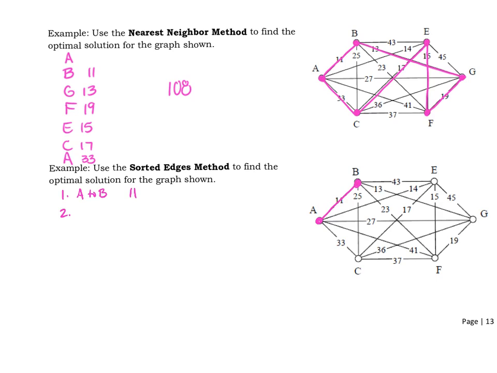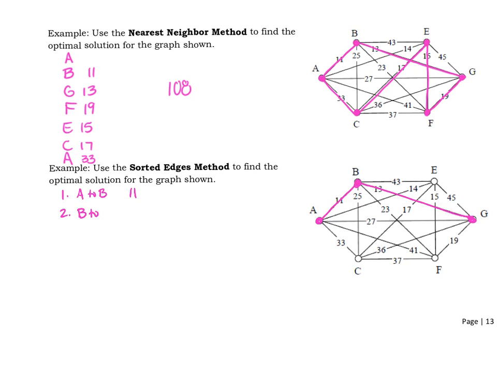That's what we write down first. Then you look at everything else on the graph and write down the next cheapest value, so long as you haven't created a circuit that doesn't include all the vertices and you don't end up with a vertex that has degree 3. So the next cheapest is the 13 from B to G.